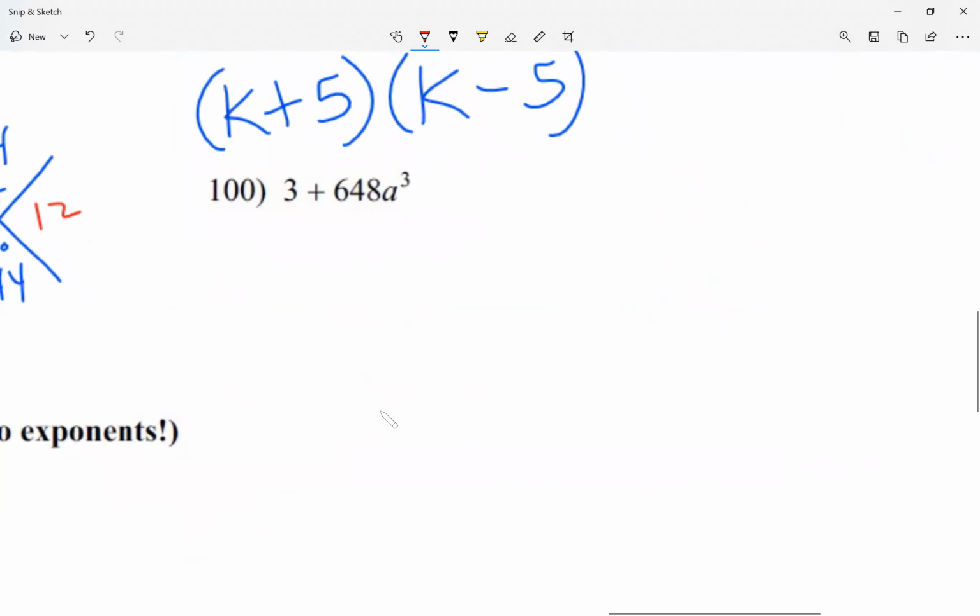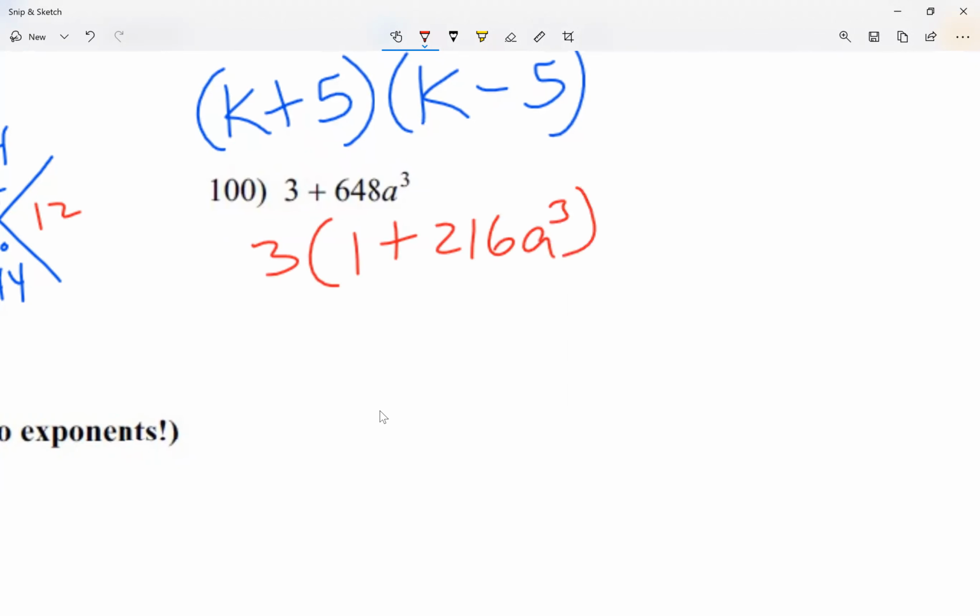Now, question number 100, there's two terms, but I see my exponent is to the third. So I'm going to say it would be nice if I could write everything to the third, but in this case, I cannot. But I'm like, well, what if I divide everything by 3 to begin with? So that's going to give me 1 plus 216a to the third.